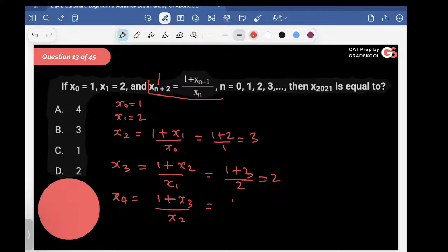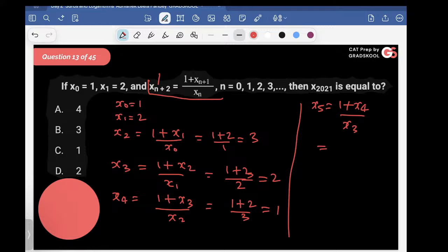That will fetch me 1 plus 2 upon 3, that is 1. So here probably there is a pattern. 1, 2, 3, 2, 1. Let's see what happens at x5. x5 must be 1 plus x4 upon x3. That is equal to 1 plus 1 upon 2. I got 1 again. Oh, cool. So 1, 2, 3, 2, 1.